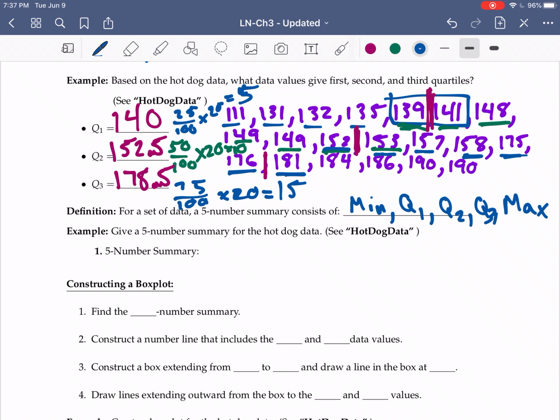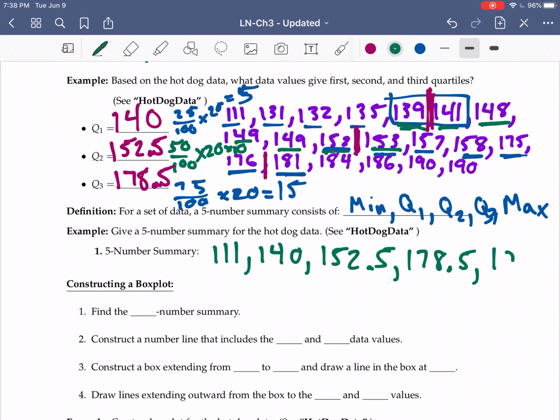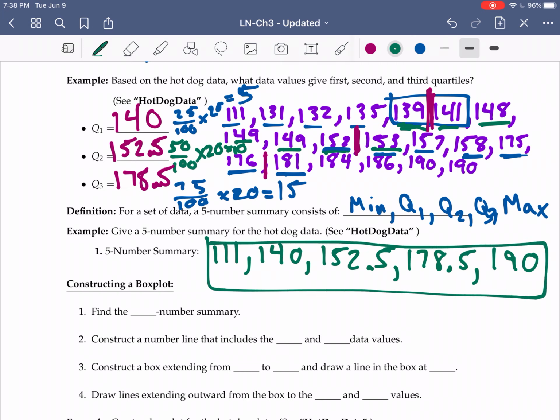So if we want to do a 5-number summary for the hot dog data set, 111 was the smallest number. We had 140 was Q1, 152.5 was Q2, and 178.5 was Q3. Our maximum value is 190, and those are the 5 numbers that summarize the data set.